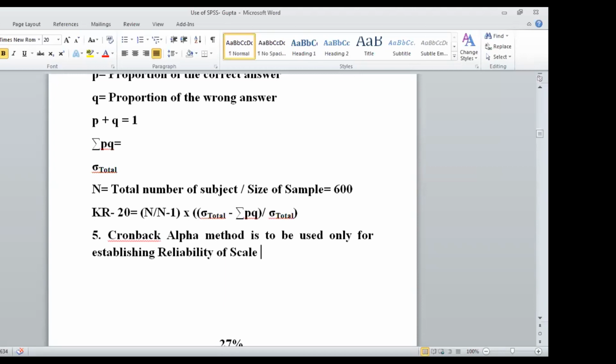You cannot use it for test as well as for inventory. It is only and only for the scale. I hope you are understanding it.